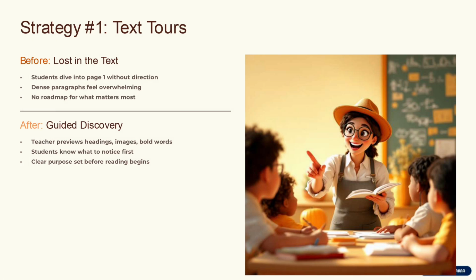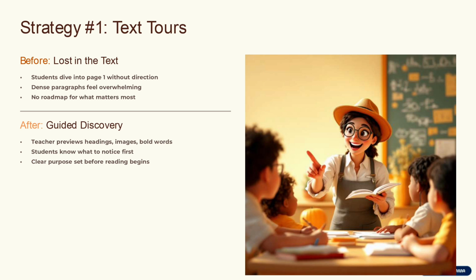The first strategy that a teacher might use is called a text tour. A text tour helps students identify a lot of the main ideas and points of the text, the reading, or the book without deeply diving into reading the words itself. So the teacher will act as like a tour guide, but this time it's a text tour.